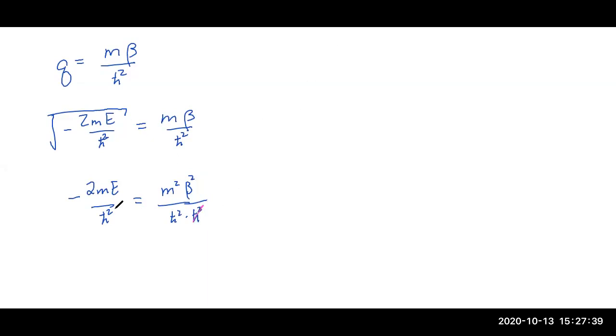So one unit of the h bar squared cancels, one of the masses cancels, and I am left with minus 2 times the energy equals m beta squared over h bar squared. Or I can solve for the energy, which is equal to minus m beta squared over 2 h bar squared.